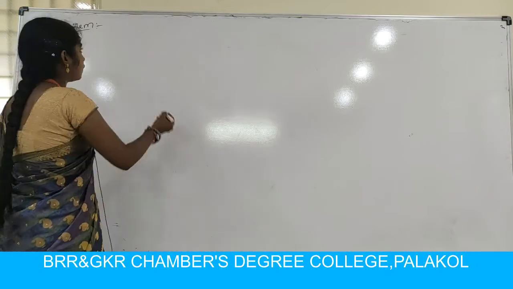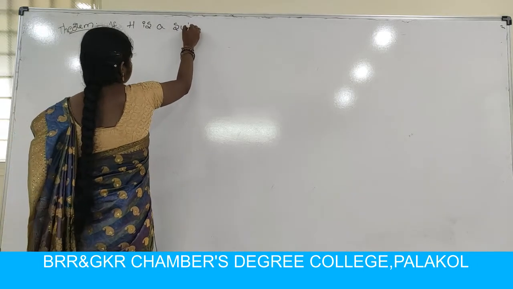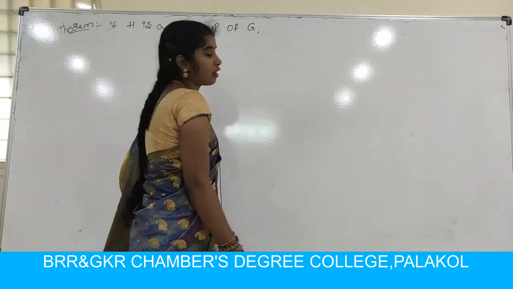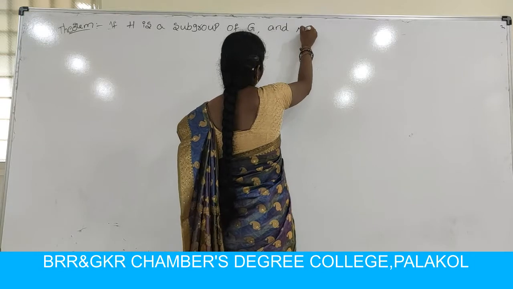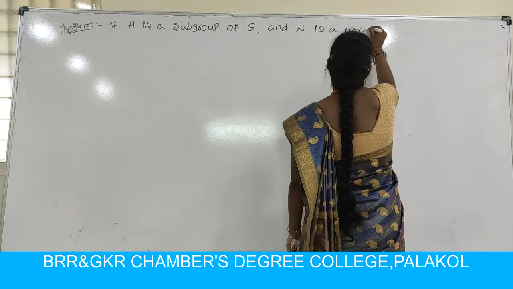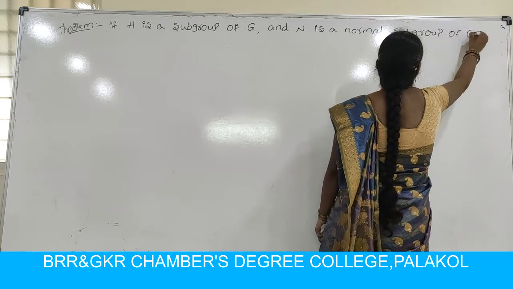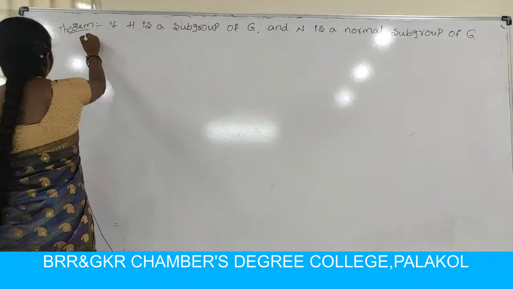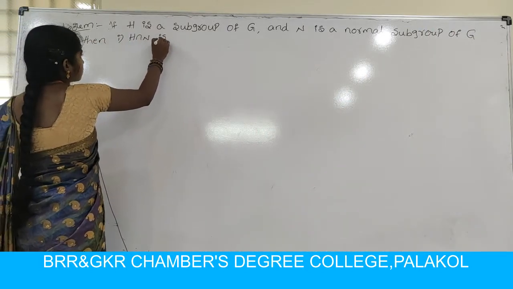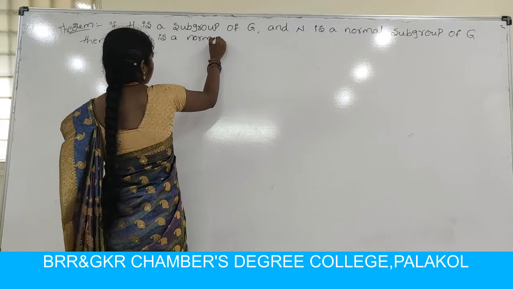The theorem statement is: if H is a subgroup of Z and N is a normal subgroup of Z, then first, H intersection N is a normal subgroup of H.